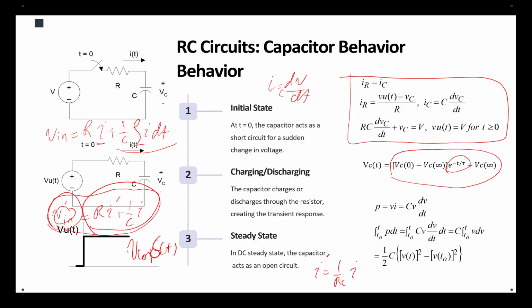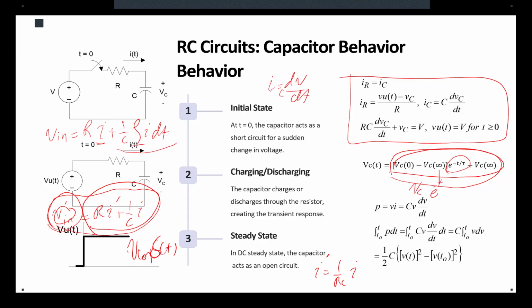For example, if we have here minus VC e to the power of minus t over tau plus VC, now this VC is VC at infinity, so it's the final value of VC.